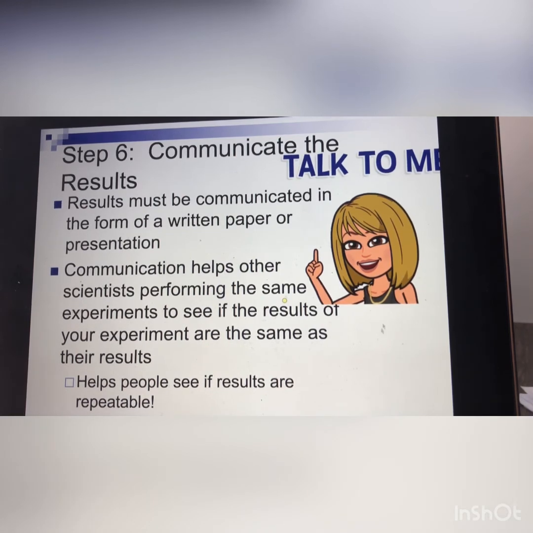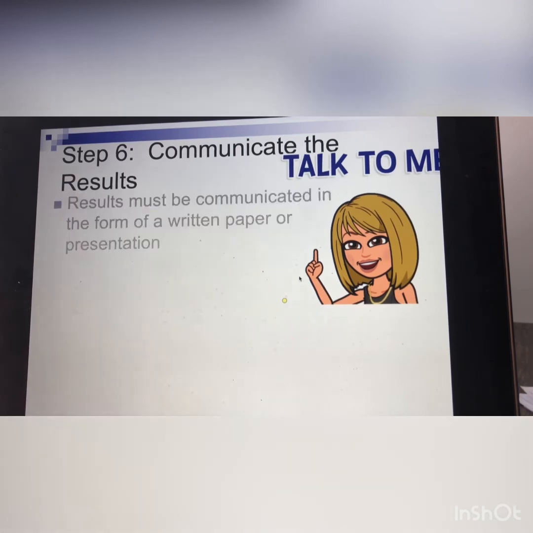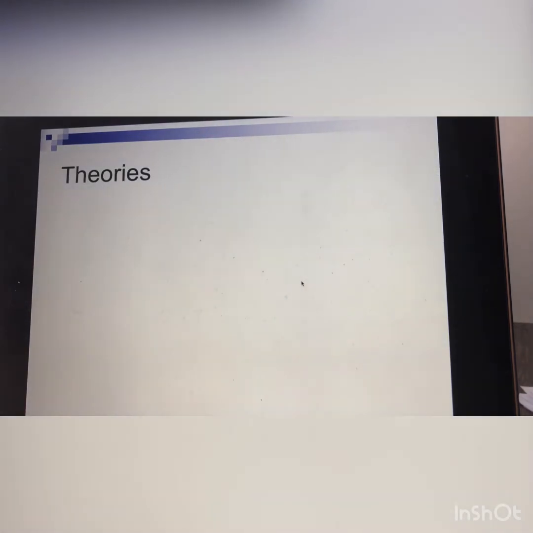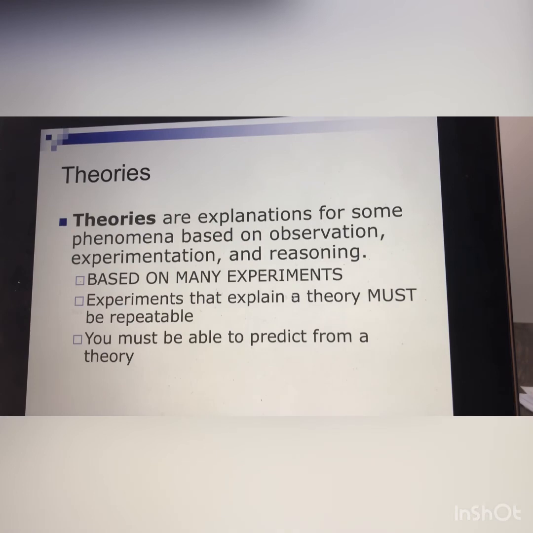So, now that we have taken a look at the different steps of the scientific method, we want to look at what a theory is. Theories are explanations for some phenomenon or some events based on your observations, or what you saw, smelled, tasted, felt, etc. We want to do this during the experimentation and also during the reasoning.